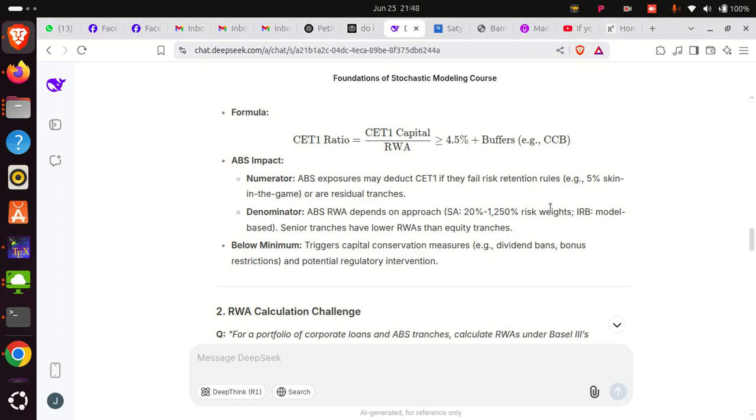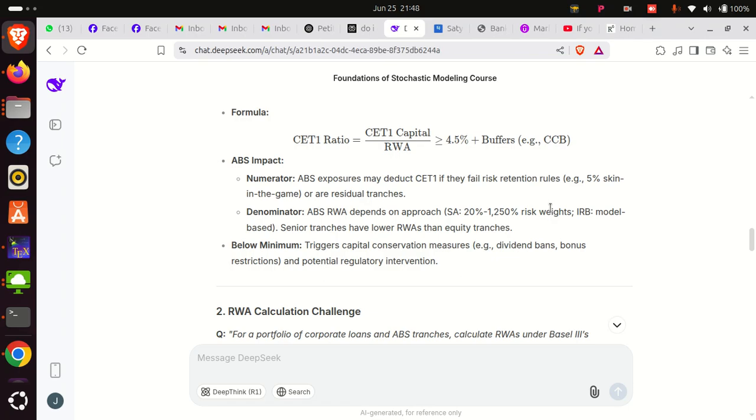The denominator depends on the approach. The standard approach, 20% to 50% risk weight. IRB model, and senior tranches may have lower risk-weighted assets than equity tranches.